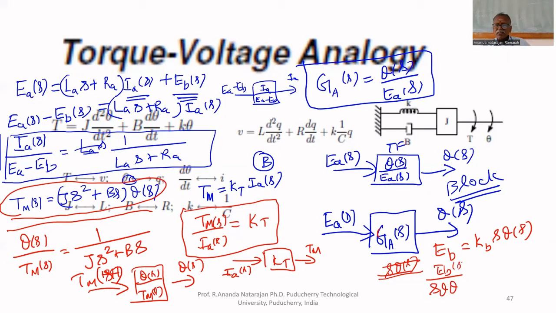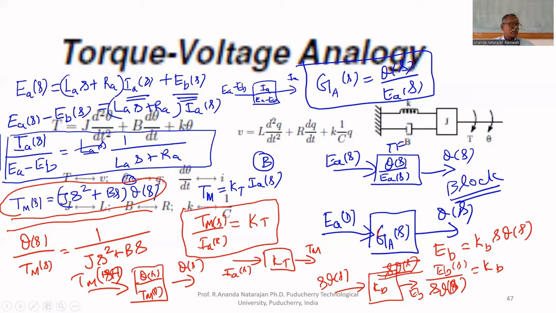S theta of S equal to KB. Another transfer function, another block you got. This block can be represented as KB. Input is S theta of S. Output is EB.